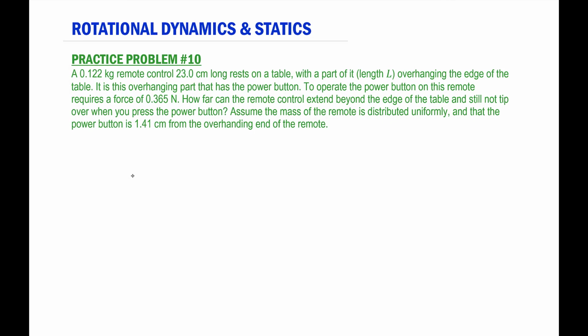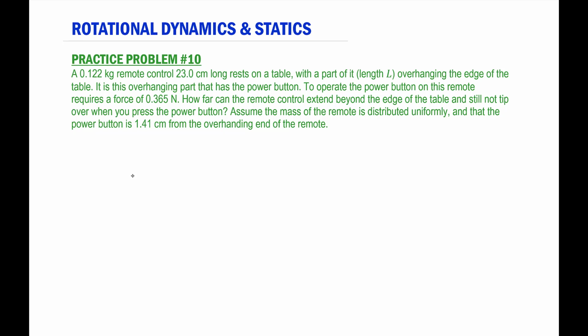So in this question, a 0.122 kilogram remote control that's 23 centimeters long rests on the table with a part of it, length L, overhanging the edge of the table. It is this overhanging part that has the power button. To operate the power button on this remote requires a force of 0.365 newtons.